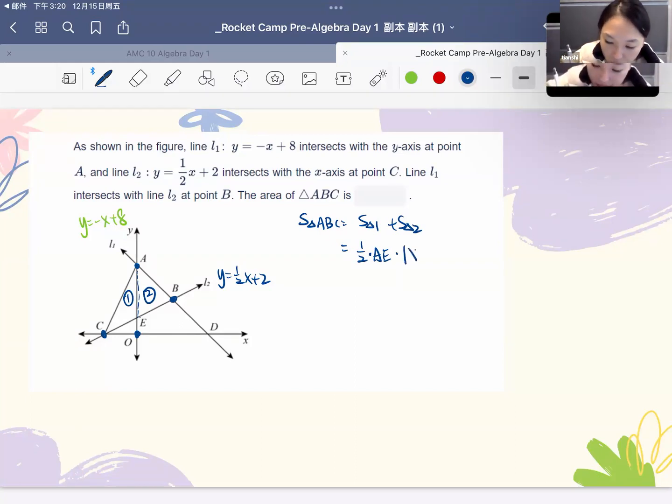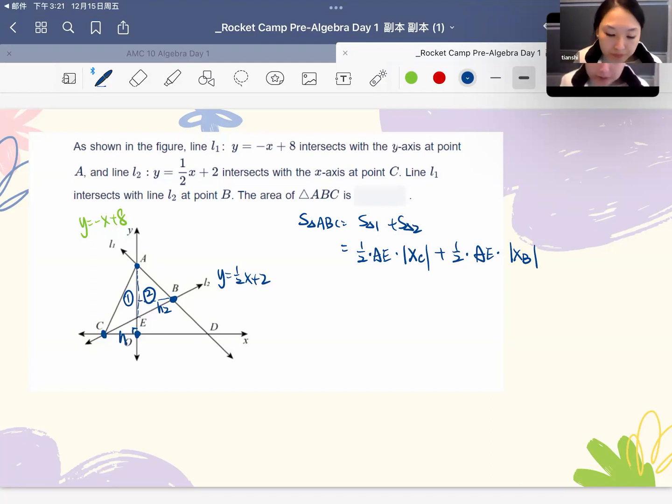The absolute value, because the height is here, right? And plus a half times the base, which is still AE. And what about the height? The height is the x coordinate for B, so xB. And it's positive, so we can get rid of the absolute value sign later.